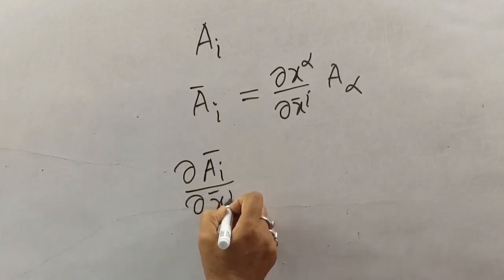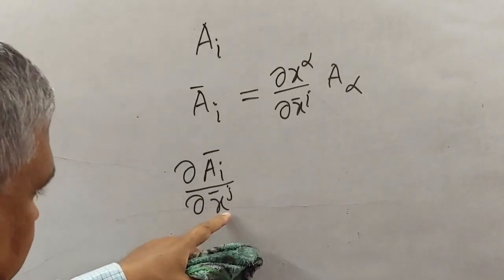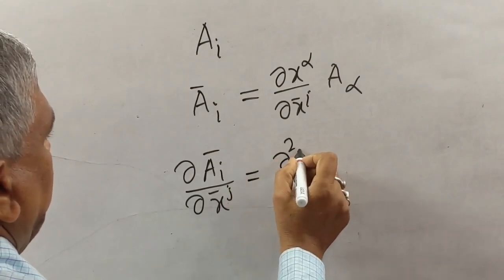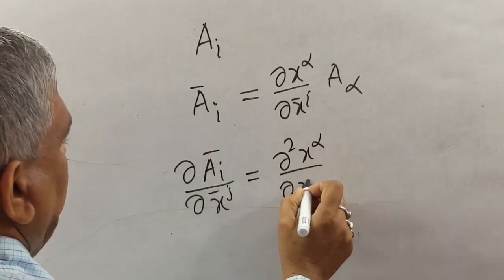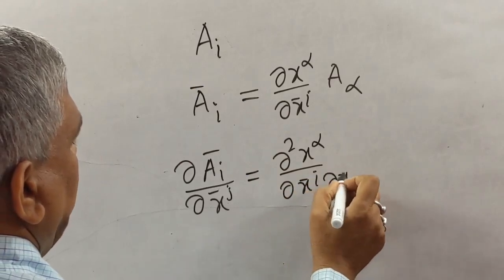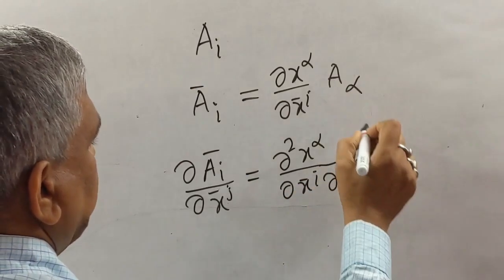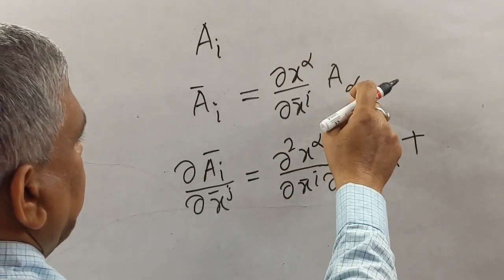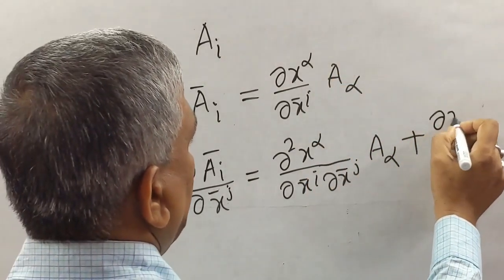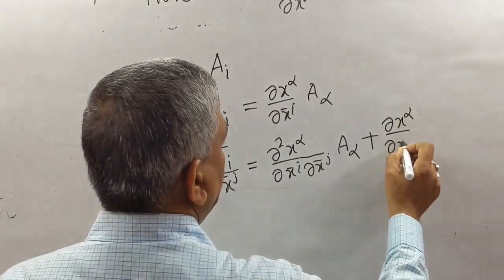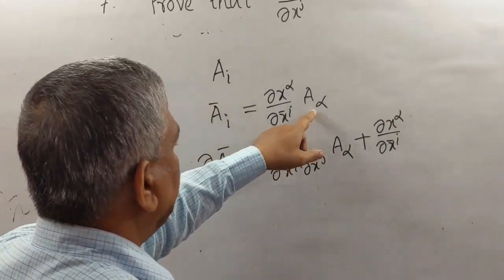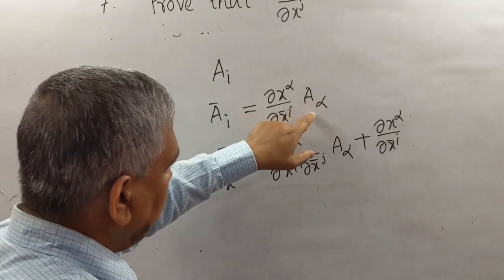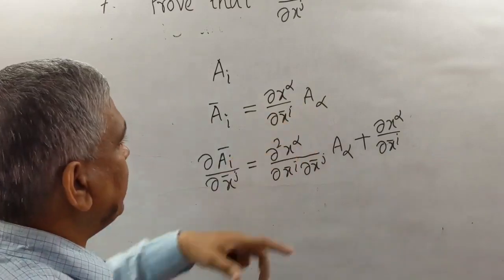del x bar j, with respect to x bar j, equal to del 2 x alpha by del x bar i del x bar j, this constant. Now this constant, differentiation of this del x alpha by del x bar i, derivative of this with respect to x bar j, as a alpha is in x system of coordinates.